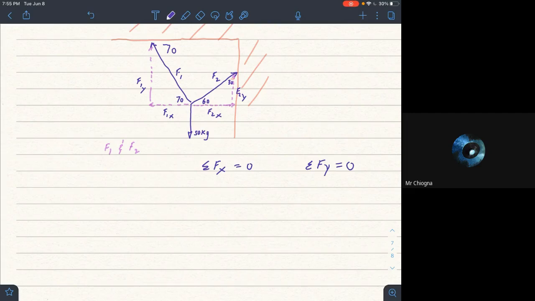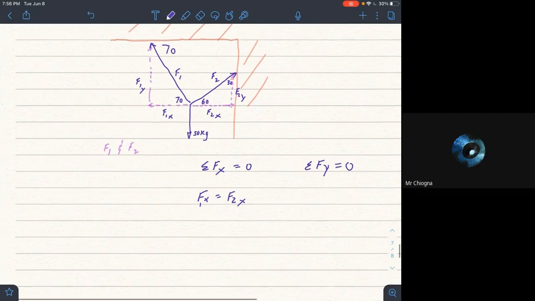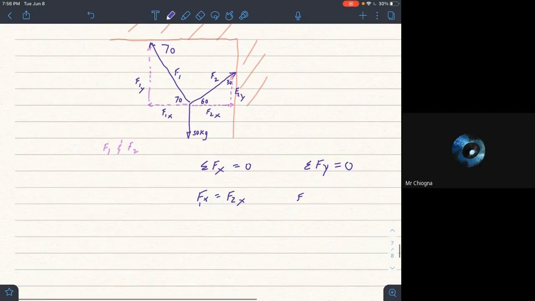So what does it mean in terms of the components that I drew? It means that F1x must be equal to F2x in absolute value terms. Just interested in the absolute value. It means in terms of y, F1y plus F2y is equal to this here, which is usually what we call the FG.